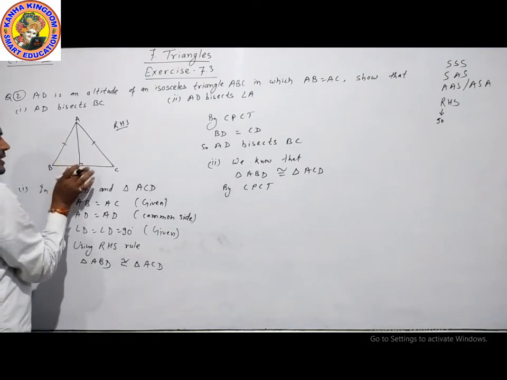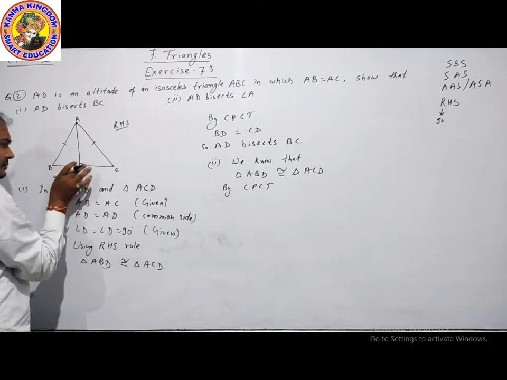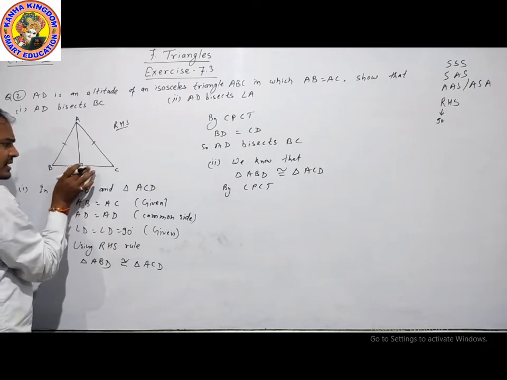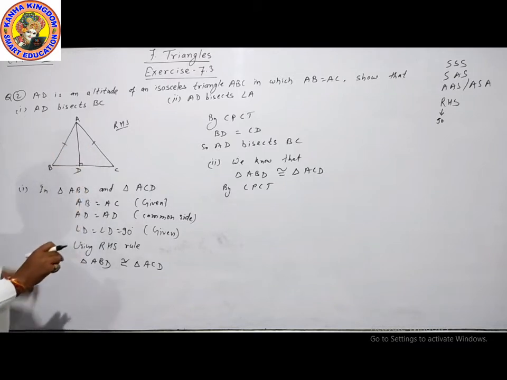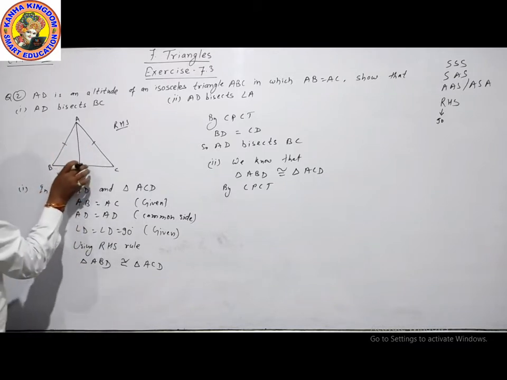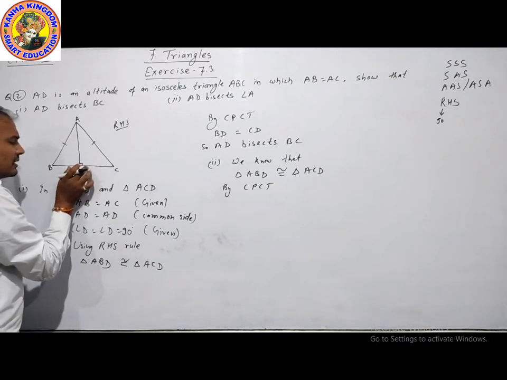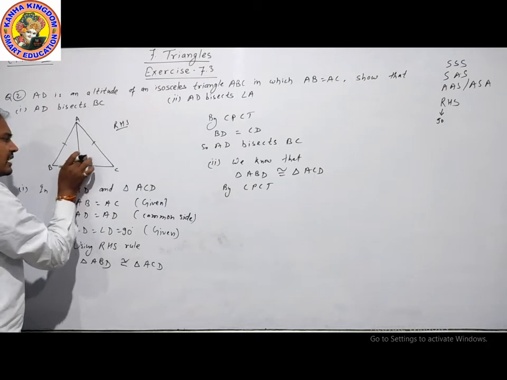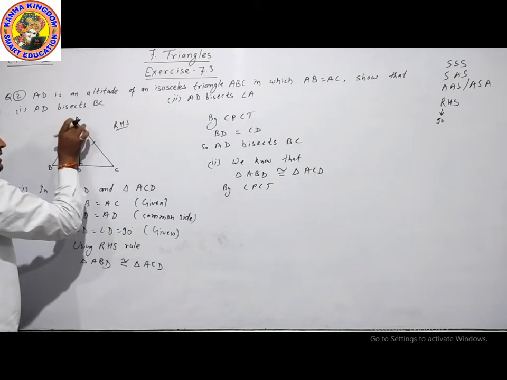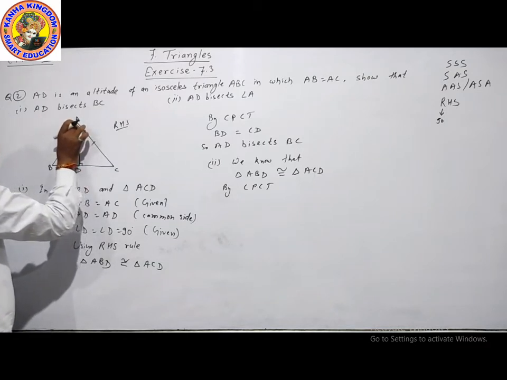Now we take these two sides are equal. So three sides are equal and respective angles are also equal. So take the angle opposite to these sides. The angle opposite to these sides is angle A.